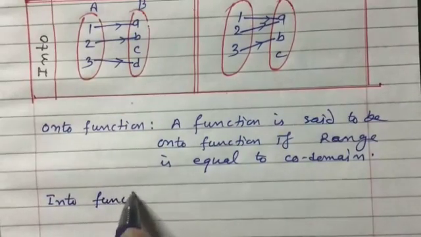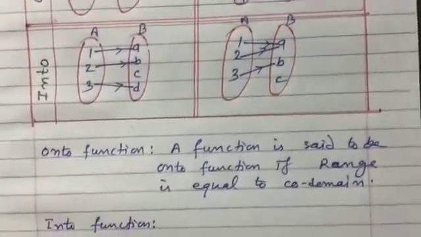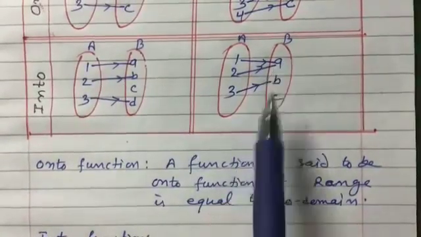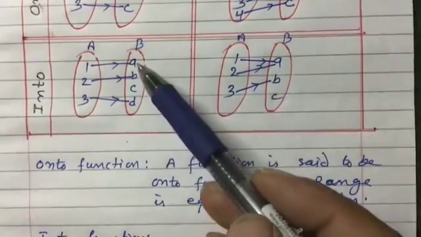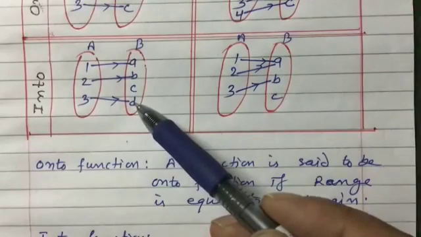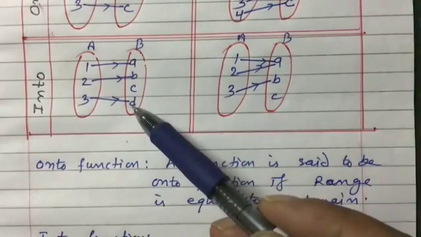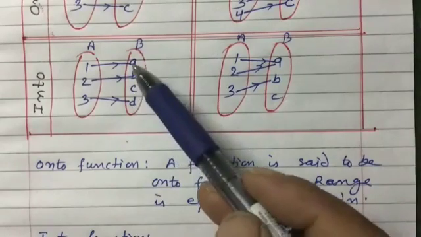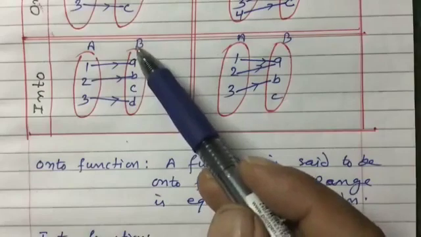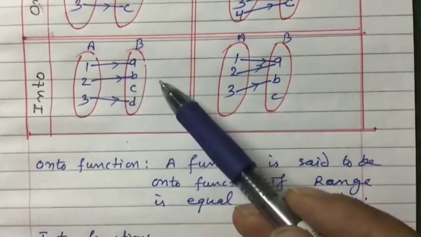Into function. Look at these two examples. Why into? Here our range contains the elements A, B and D, but the codomain contains the elements A, B, C, D. So the range is a proper subset of the codomain, because the codomain contains one more element, C, which is extra there.